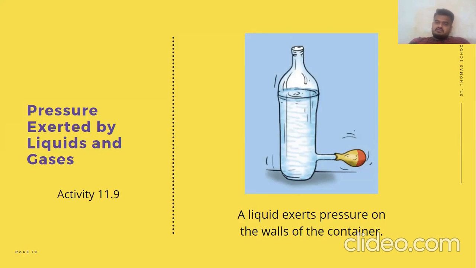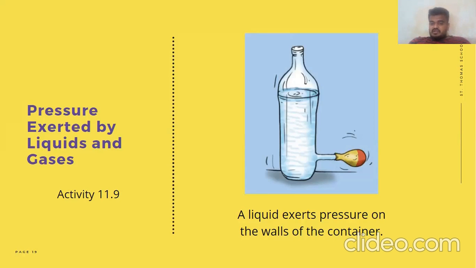And attach the same rubber balloon at the other end of this attached glass tube. As you fill the water in this water bottle or soft drink bottle, you will observe that the balloon is bulging out. And what does it show?